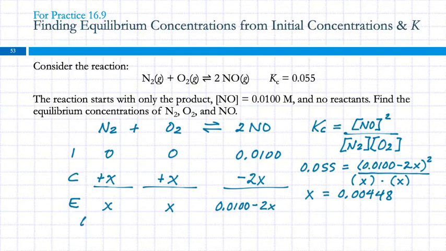So 0.00448, 0.00448, and this is 0.01 minus 2 times 0.00448.